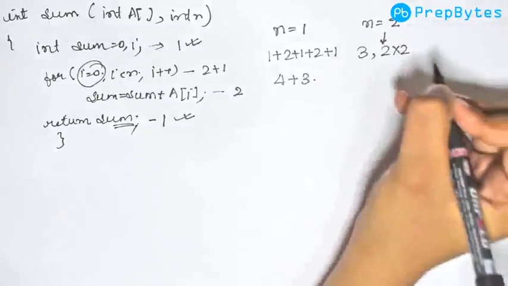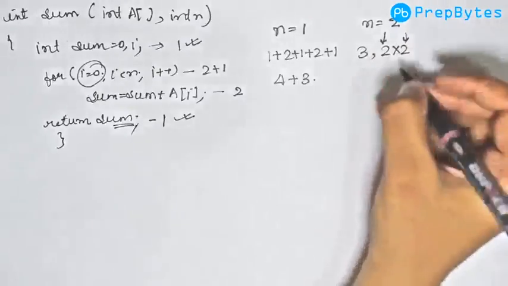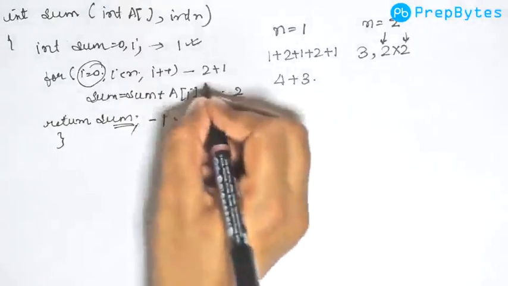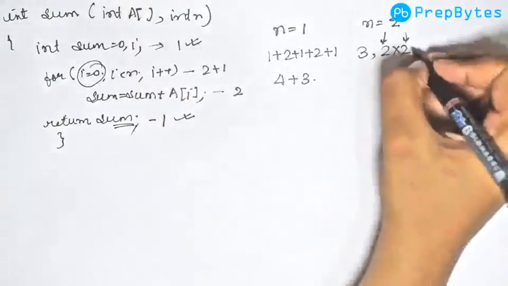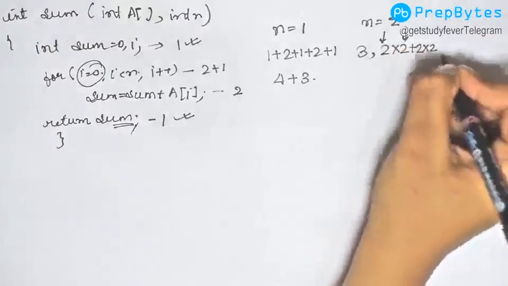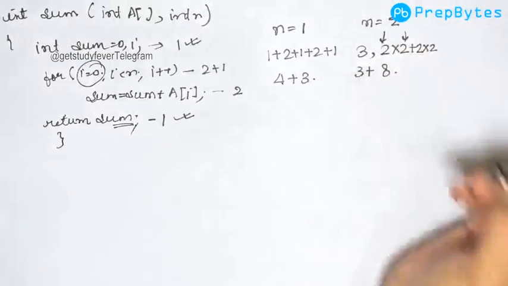This is the number of operations that are getting executed in each loop, and this is the number of times the loop is running. Similarly, this takes 2 units of time, and for n equal to 2, it will run 2 times. So the total time will be 2 into 2 plus 2 into 2, that is 3 plus 8.